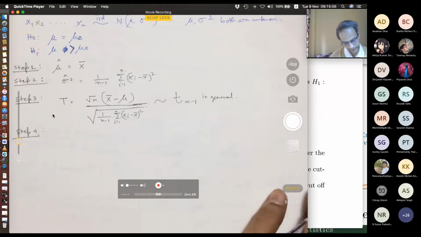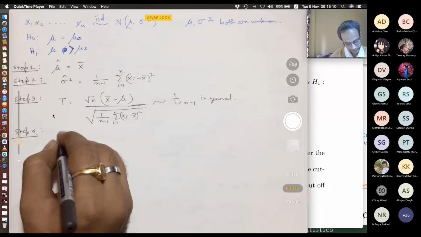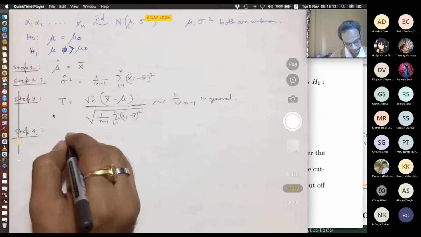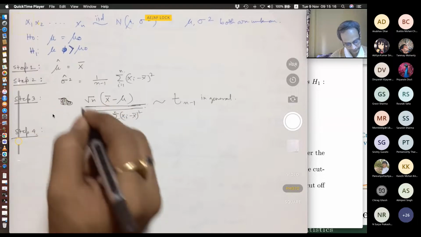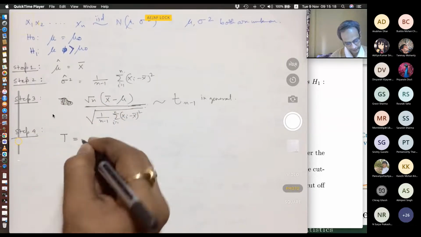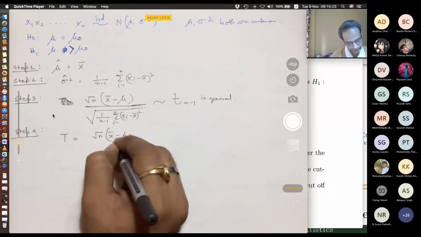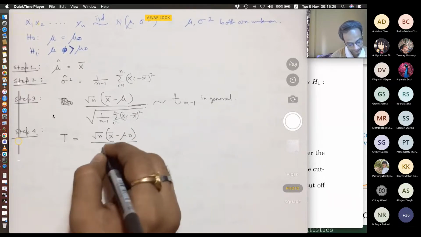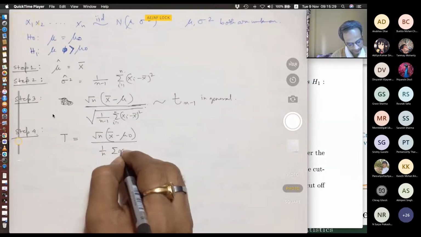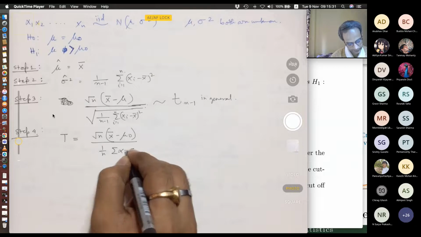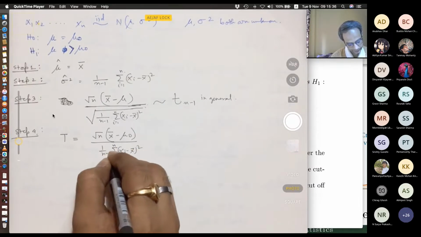Now, under null hypothesis, here I am denoting this: root n x bar minus mu naught divided by 1 upon n sum over xi minus x bar whole square, i running from 1 to n.